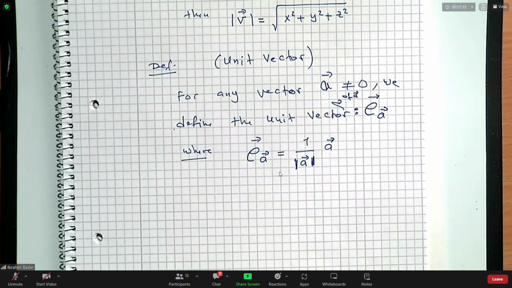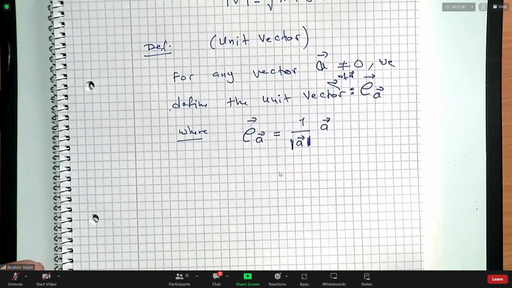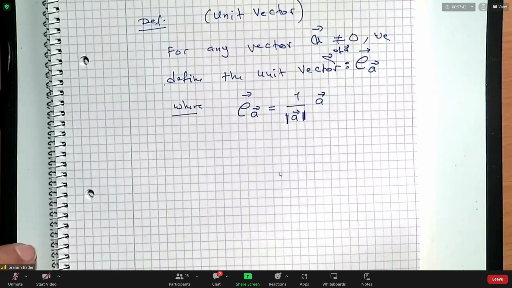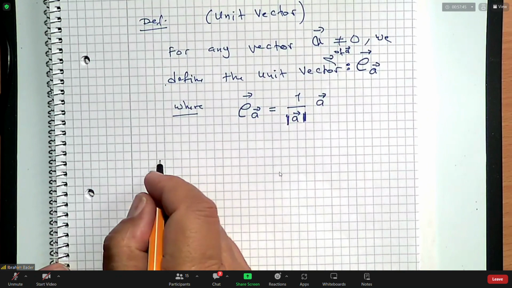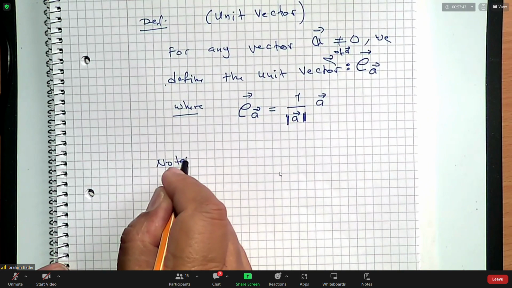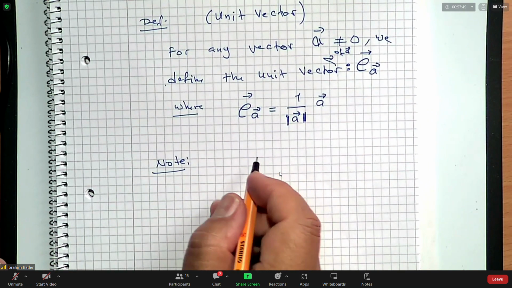So we have in the worksheet such questions or assignments. Simply, this is because of the following. Just note why this is called a unit vector.